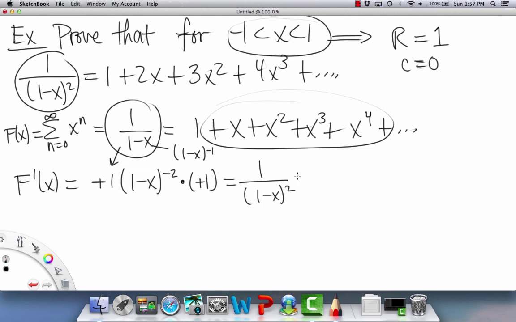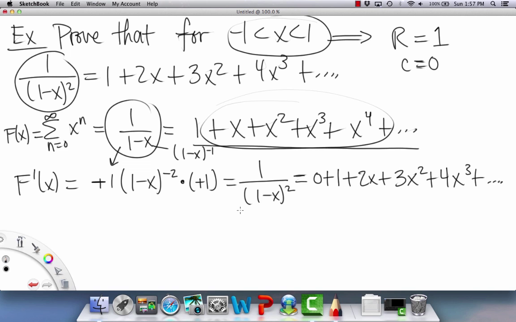Now let's confirm the right side. So we differentiated this part, and now let's do the actual terms, okay? The derivative of 1 is 0, plus the derivative of the next one, which is 1, plus the derivative of this, which is 2x, plus the derivative of this is 3x squared, plus, and we'll do one more, 4x to the third, plus dot dot dot. So there we have it.